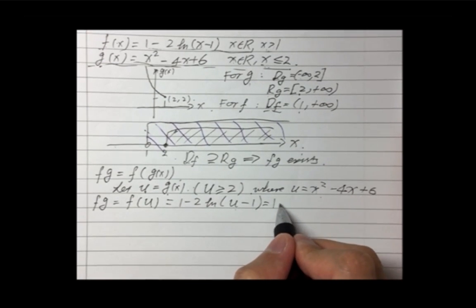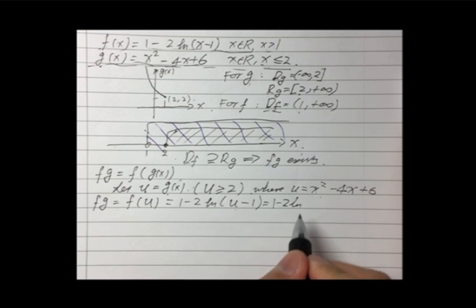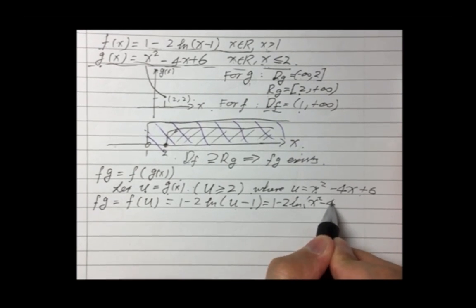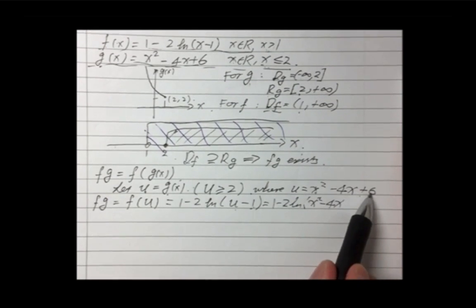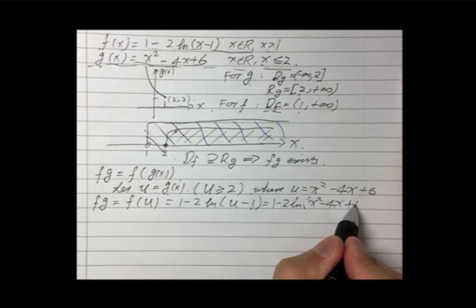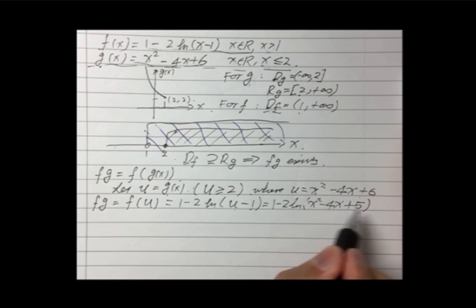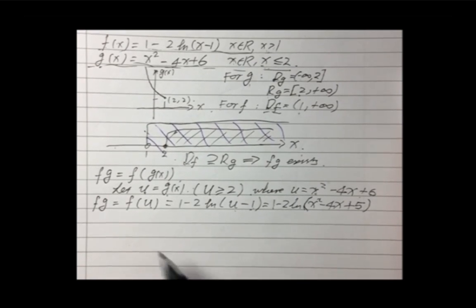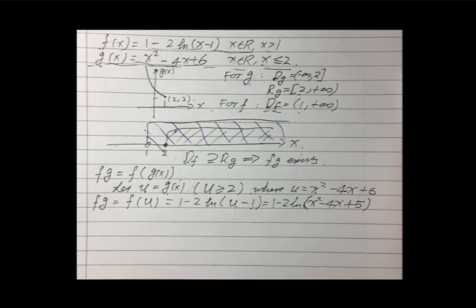It will be 1 minus 2 ln of this one minus 1, right? So it's x squared minus 4x, minus 1 plus 6. It will be 5. So this will be fg, and we need to find out its range.